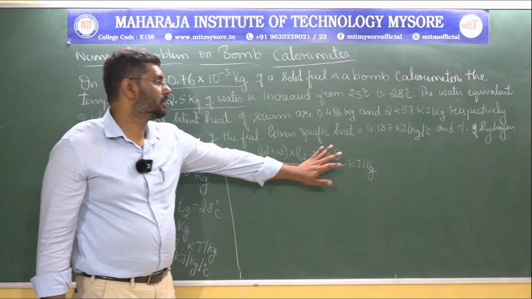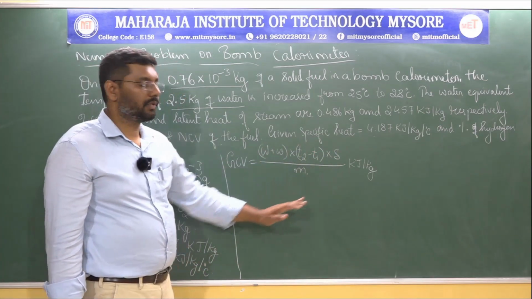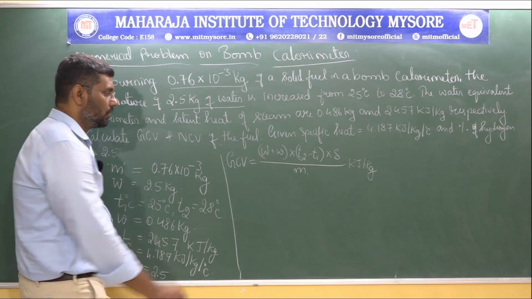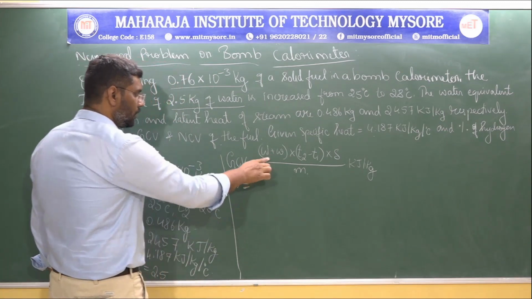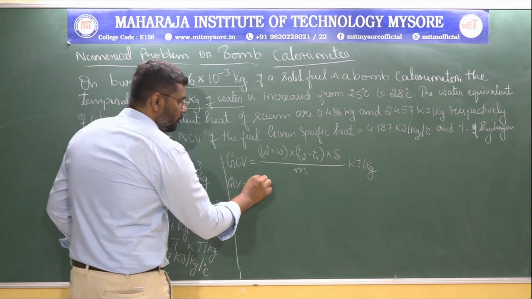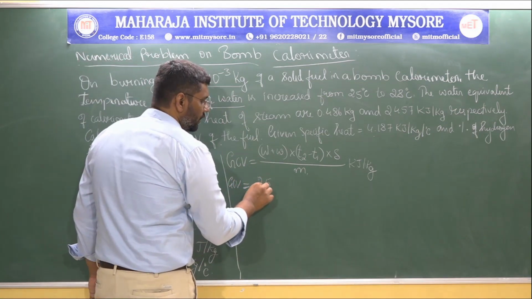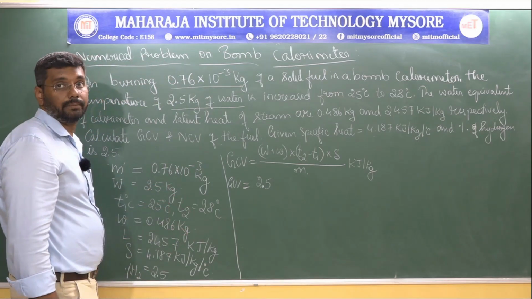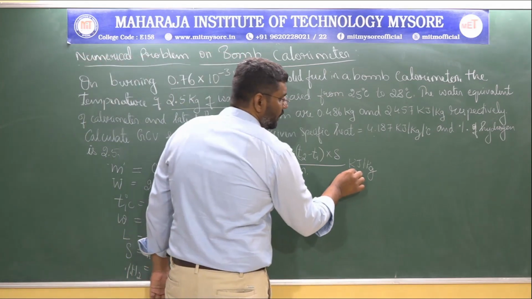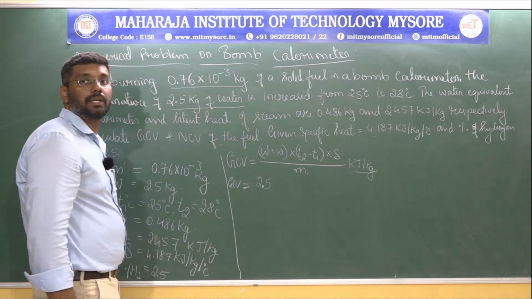Next, if you just write down all the terms whatever he has given from the data, GCV is equal to, what is W? It is 2.5. There is no need to convert any units here, because he has directly given everything in terms of kilograms, because we are expressing the final GCV in terms of kilojoules per kg.